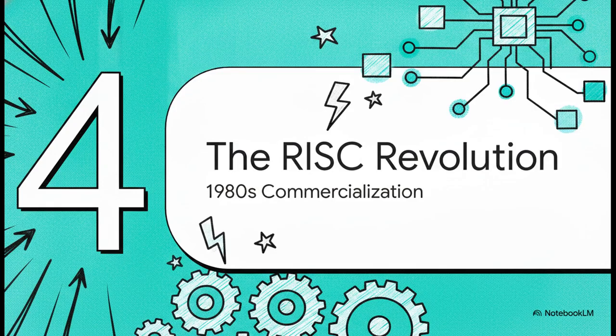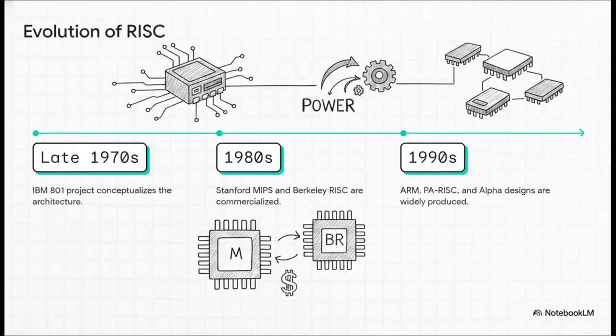Section 4. The 1980s RISC Revolution. Let's trace how this all built up, because this elegant solution didn't just appear out of nowhere overnight. It took a massive revolution in the tech industry to bring this to life. The conceptual developments of the RISC architecture actually started way back in the late 1970s with the IBM 801 project. But surprisingly, those early ideas weren't immediately put into use. It actually took designers out in California to pick up the 801 concepts and run with them in two seminal projects during the 1980s.